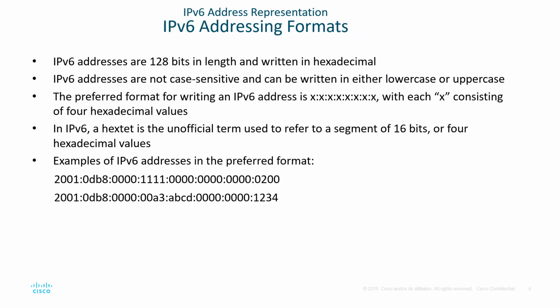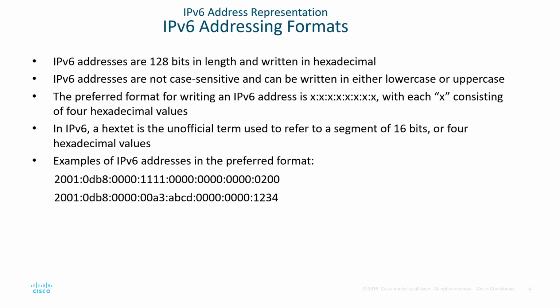In IPv6, a hextet is the official term used to refer to a segment of 16 bits or 4 hexadecimal values. So 4 hexadecimal values times 4 bits each gives you your 16 bits. Your 16 bits times 8 hextets gives you your 128 bits of information.